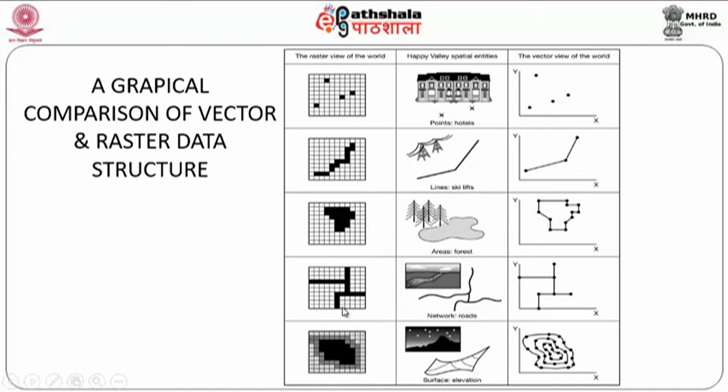Well, so then coming to your road network, as I was just telling you, like a simple line and a ski lift, here you have the road network. See, when a road network is shown here as raster data, it is the sum total of n number of cells, kind of occupying area, but here it is a straight line.